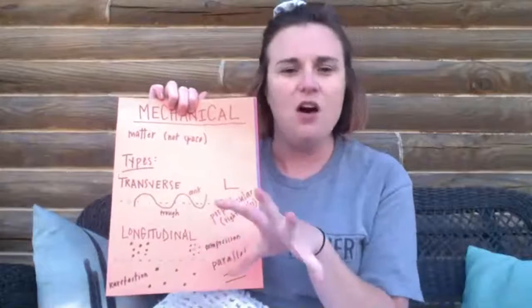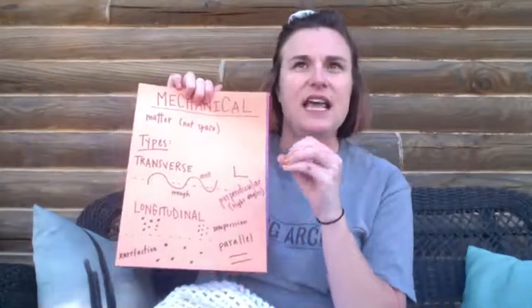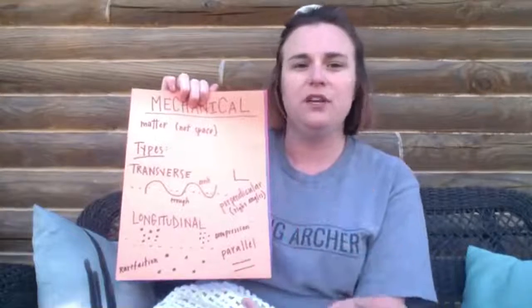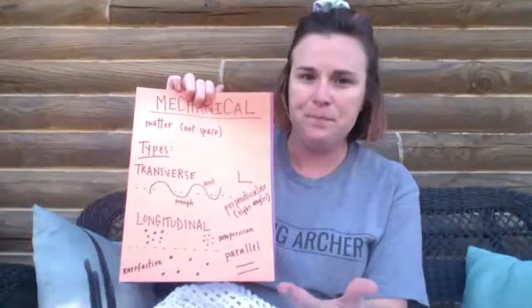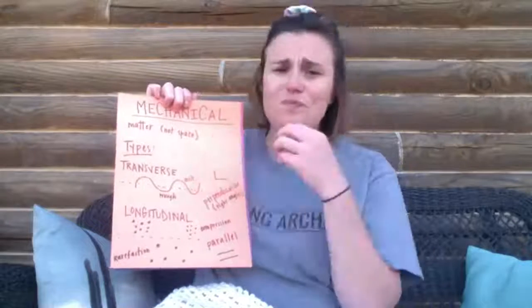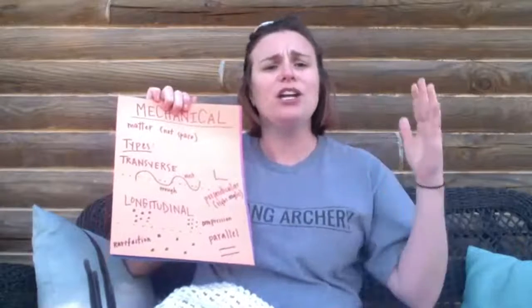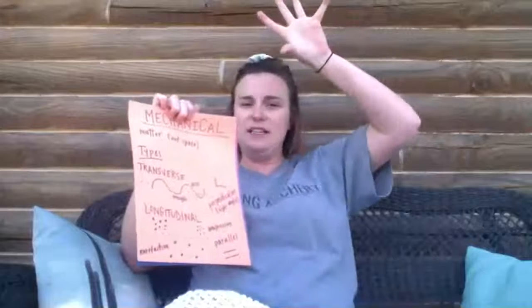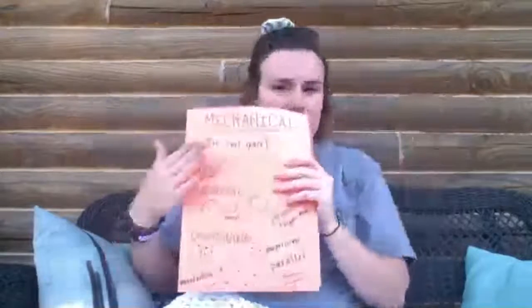All that means is how that wave moves is going to give it a different name. The thing about mechanical waves that you need to remember is that these waves are going to travel through matter, but they do not travel through space. That vacuum that space is, nothing can get through except for light. Mechanical waves cannot travel through it as well.